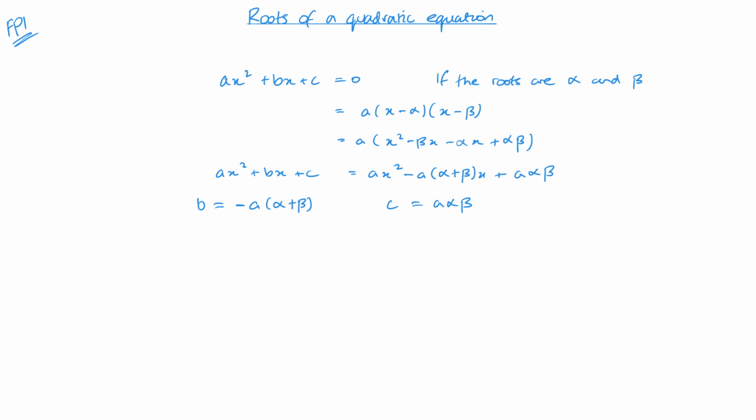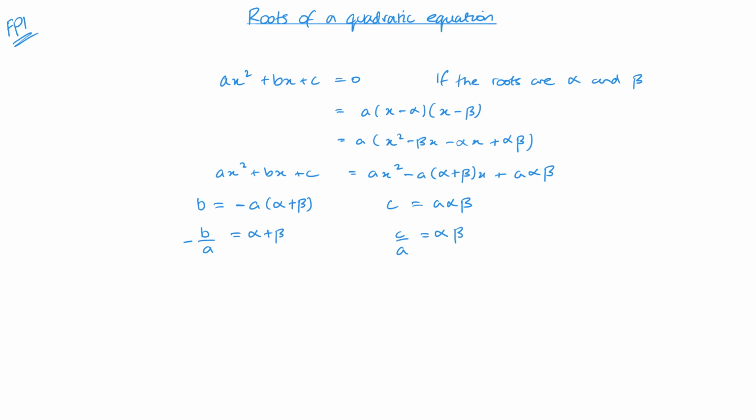Okay, so a very slight difference to what we'd seen in the previous unit, but just because we're using that coefficient of a. Now if I rearrange these, I can divide by my negative a there, and that gives me the alpha plus beta that we'd seen before, and this one divided by the a gives me my alpha times beta.